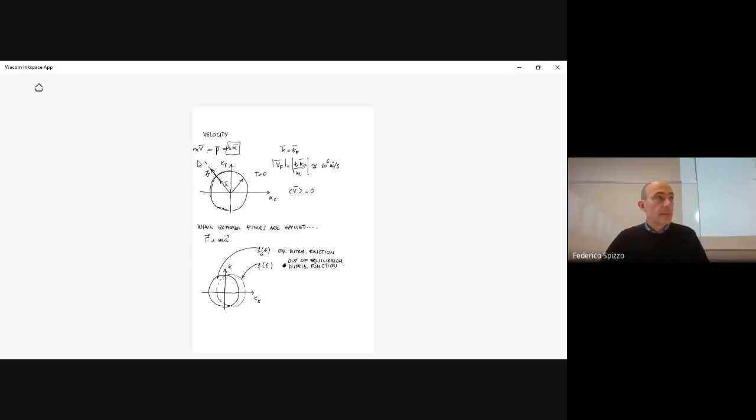We may use the same expression that was used by Drude. In the Drude case, the density current was equal to minus e n times v. Now we may rewrite exactly the same thing using the Sommerfeld approach.